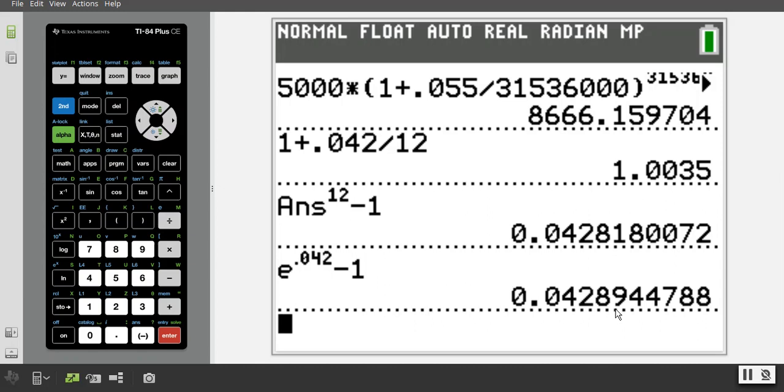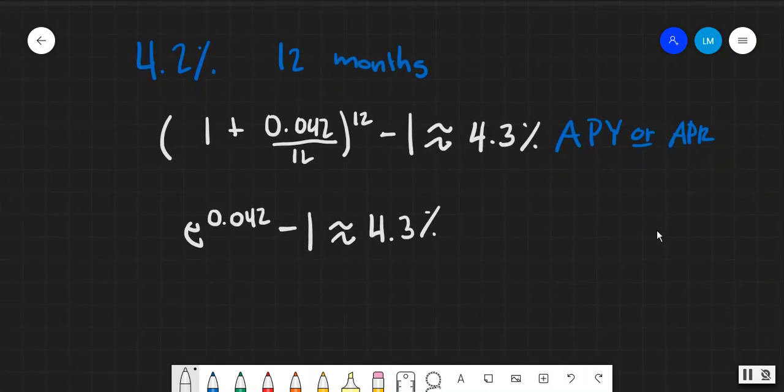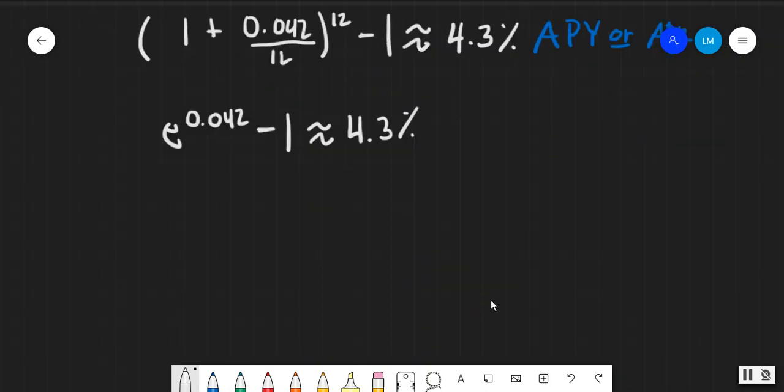So you more or less get the exact same thing, about 4.3%, but that's for compound interest, by the way. It may be more useful to try it with a different number, so you can see better examples, because in this one it came out more or less the same.